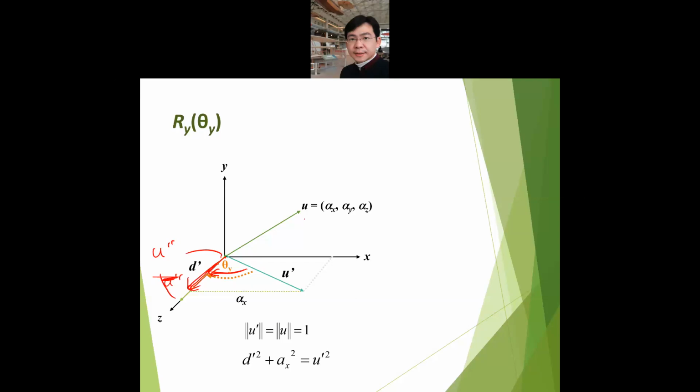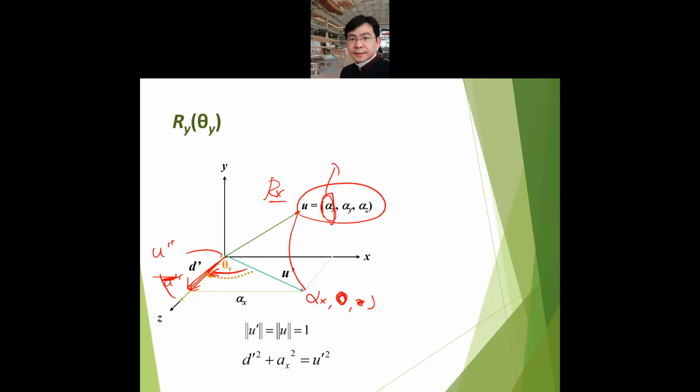When we apply Rx to some vector, as mentioned, after rotation around the x-axis the x value will be identical. So the result could be alpha x, 0, and z is not 0, y is 0.